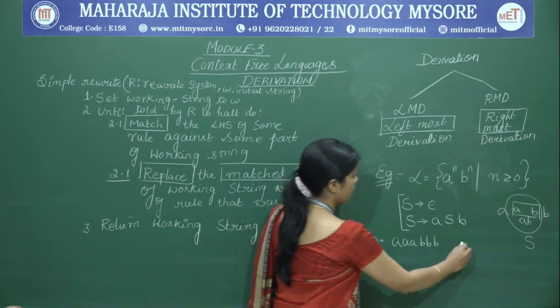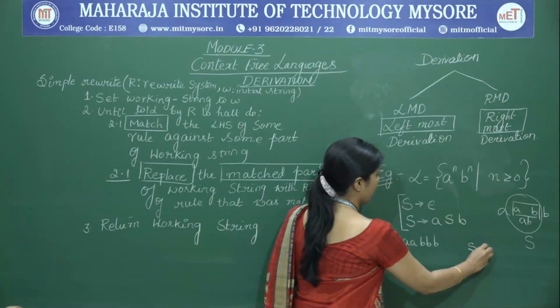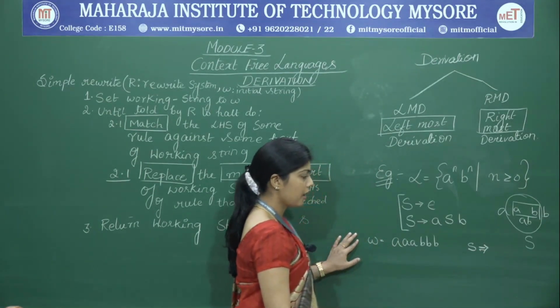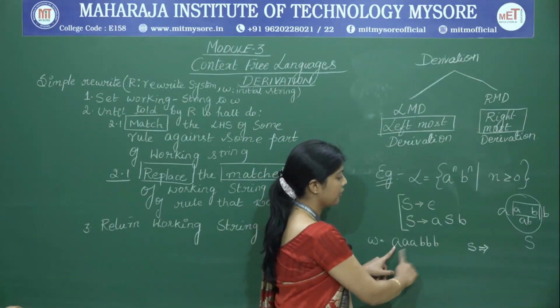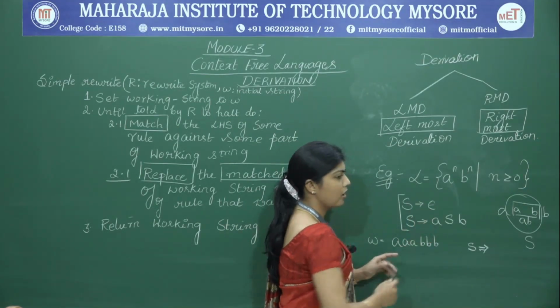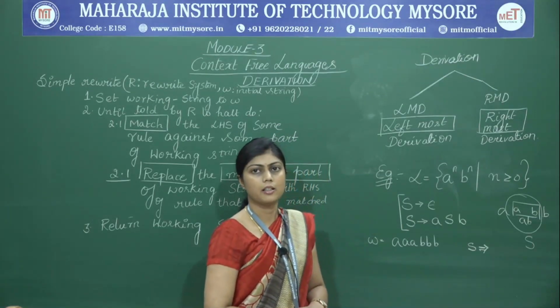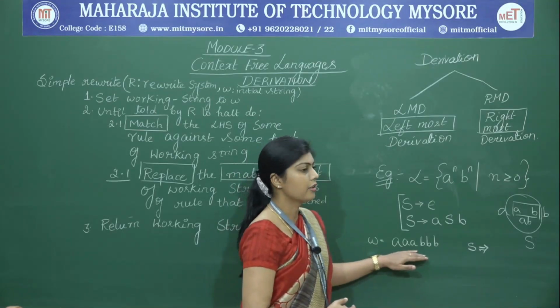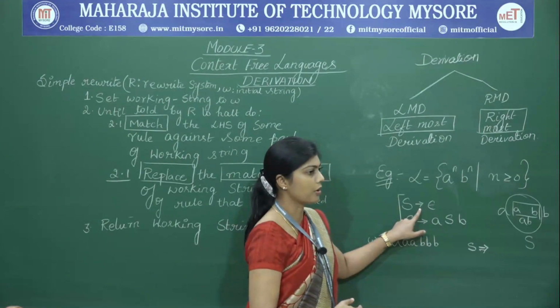First, I have to select some production rule by matching whatever I want in the string. S goes to epsilon is just like terminating the entire derivation, so it's not possible for me to generate 3 a's and 3 b's with this production rule.